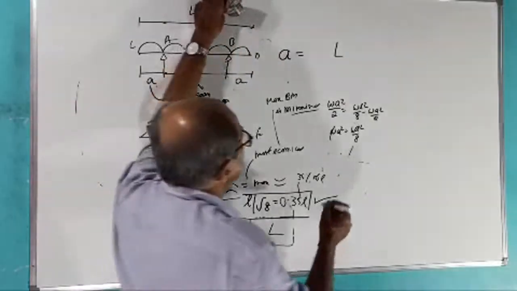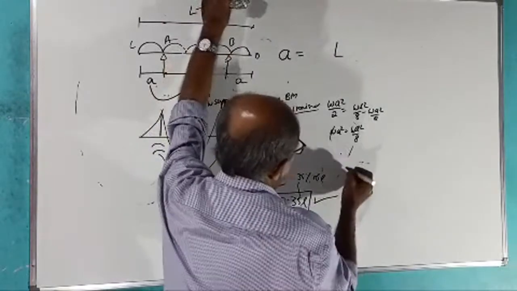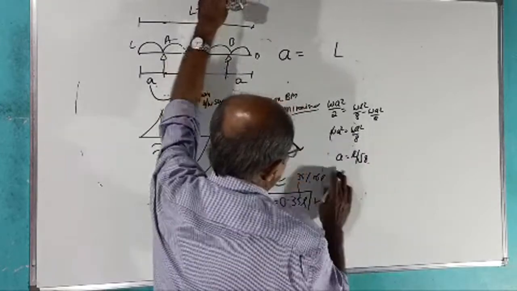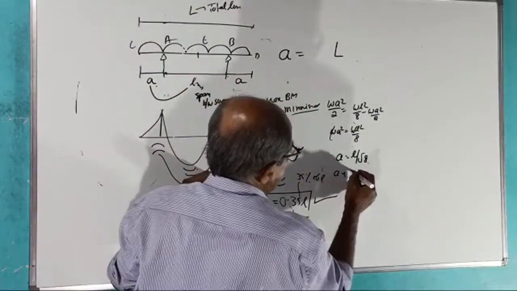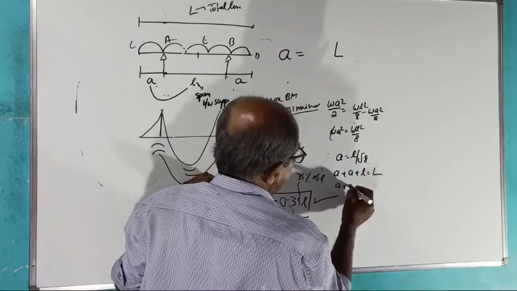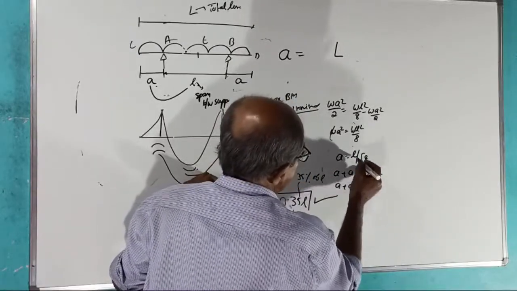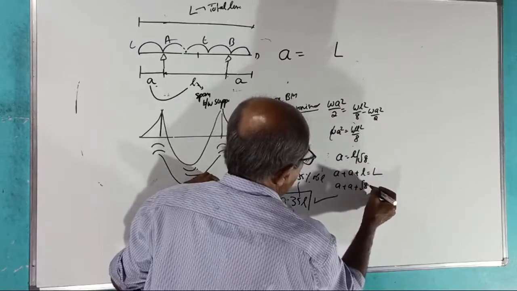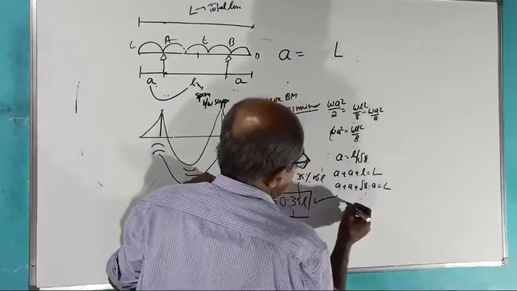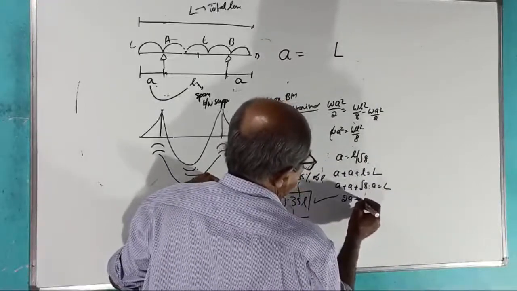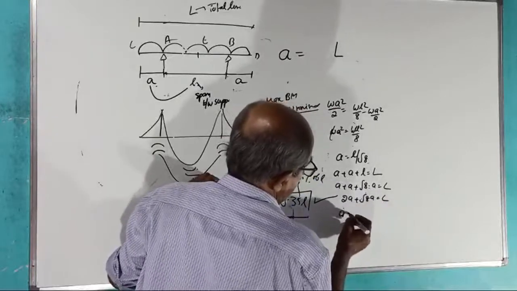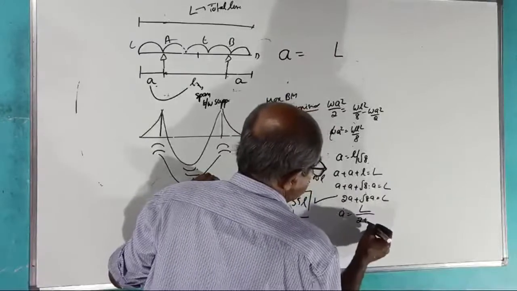Again, I have to put it now. See, A equal to L by root 8. Then you know that A plus l equal to capital L, or A plus root 8 of A should be L, or 2A plus root 8A equal to L, or A equal to L by 2 plus root 8.